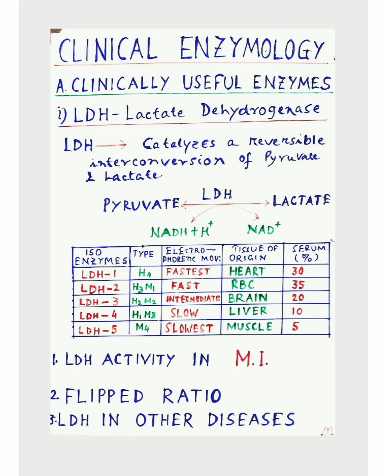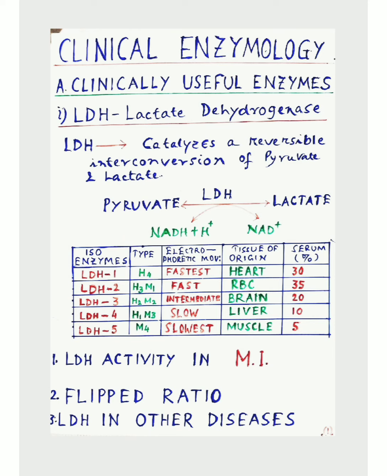Serum LDH activity levels in heart attack or myocardial infarction, MI. Myocardial damage releases LDH1 in serum in large amount. So the total LDH level is very high, mainly due to LDH1, that is H4, which may increase up to 10 times.